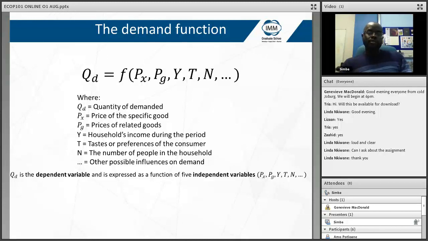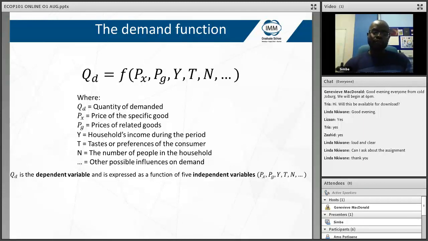Then you look at the household income. When you look at the household income there, the assumption normally is we are saying the higher the income, the higher the demand. But this applies to goods that we refer to as normal goods.